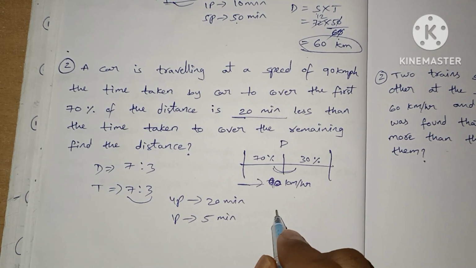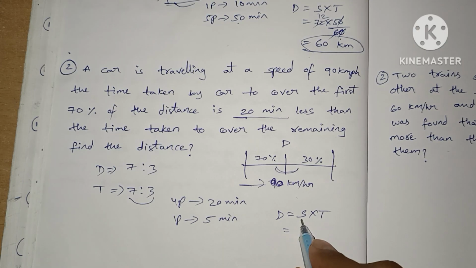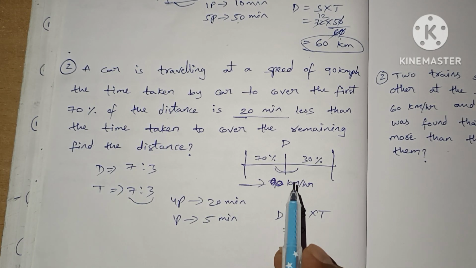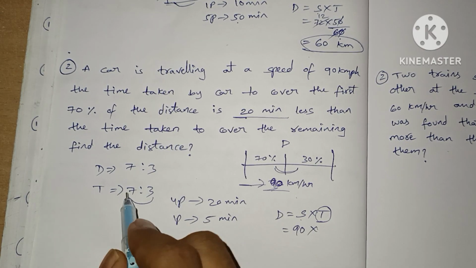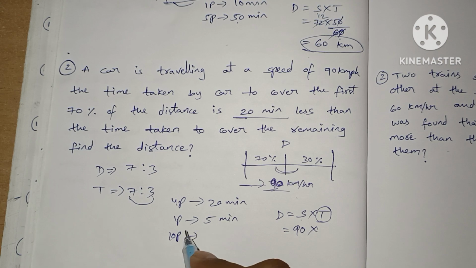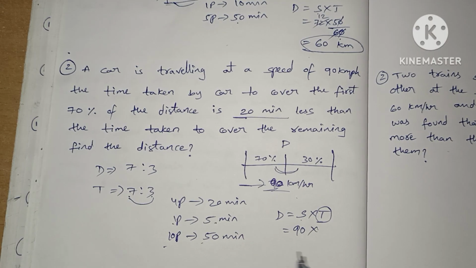What we need to find is distance. Distance equals speed into time. Here we have speed equal to 90 kilometers per hour. The total time taken is 7 plus 3, 10 parts. One part value is 5 minutes, so 10 parts value is 50 minutes.